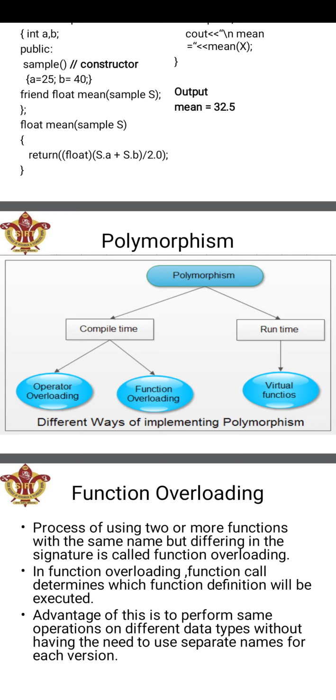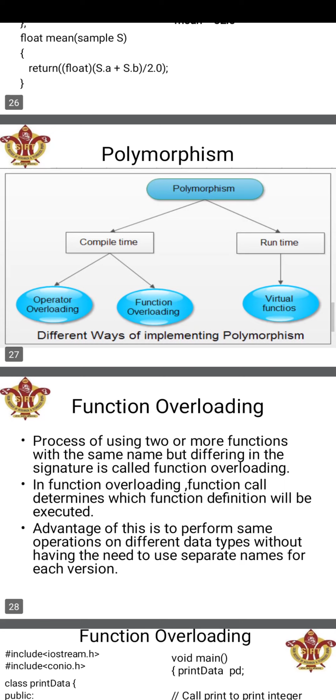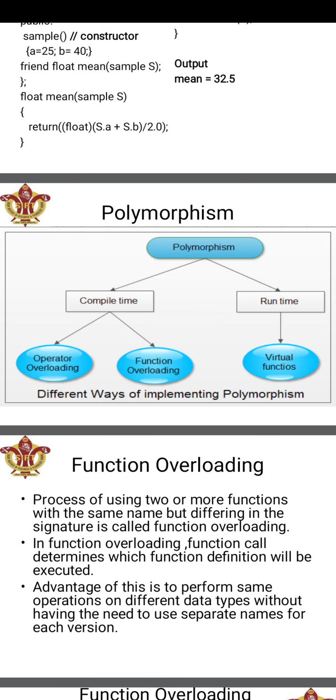It means, suppose I want to calculate the area of a circle, area of a rectangle, and area of a square. Whenever I pass the argument like radius, it should execute the implementation we have defined for calculating the area of a circle. If I am passing the length and breadth, it should execute the implementation defined for calculating the area of a rectangle, and so on.